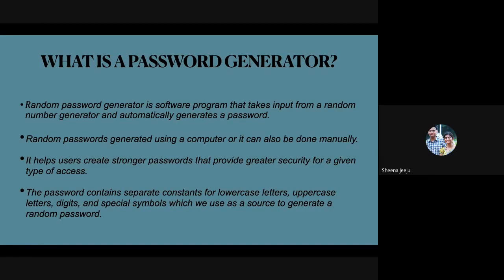It can be done using a computer, or it can also be done manually. It helps users create stronger passwords that provide greater security for a given type of access. The password contains separate constants for lowercase letters, uppercase letters, digits, and special symbols, which we use as a source to generate a random password.